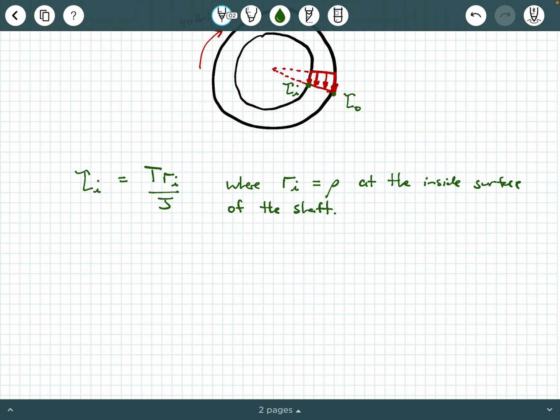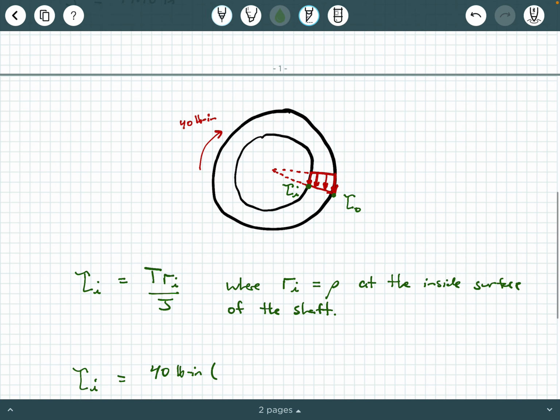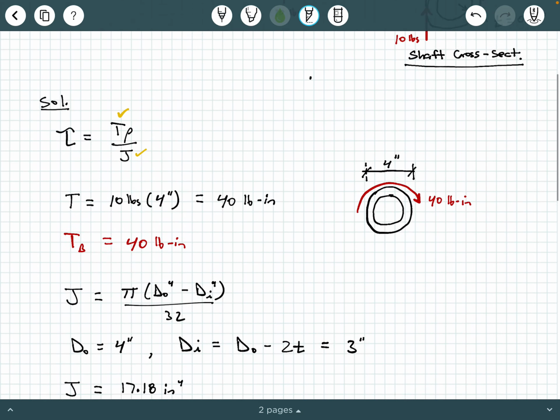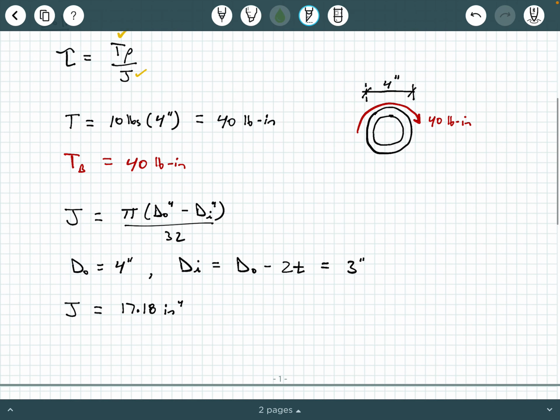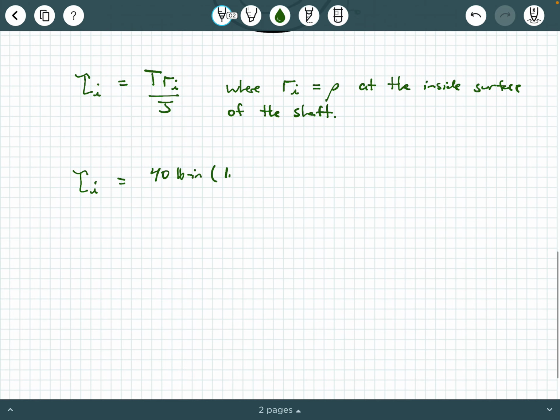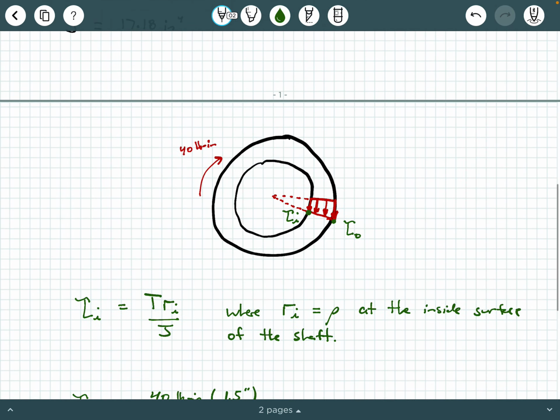And so we're going to say tau inner is going to be 40 pound-inches times, now what's the inner radius? Be very careful here. What is this inner radius? The inner radius is going to be 1.5 inches, right? Because the inner diameter is 3 inches. So the inner radius is 1.5 inches. So be very careful. Don't be mixing up your radius and your diameter.